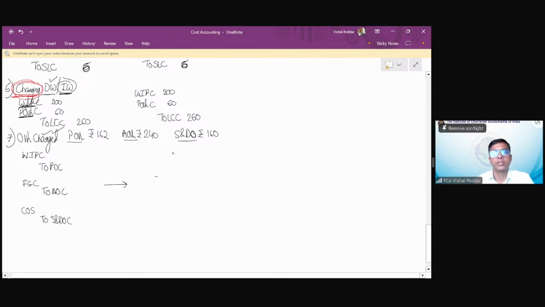And again, the transaction would be same here. So it is 162, 240, 160. Correct? Again, same entry in both integrated and non-integrated.